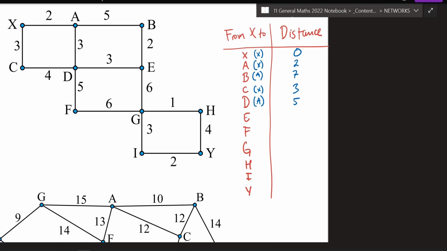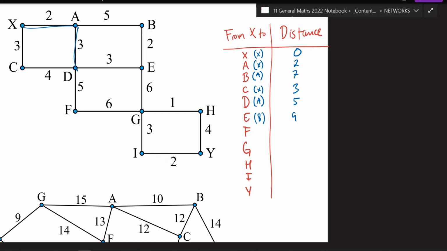Cool. Now let's go to E. What's the quickest way to get to E? I can go from X to A to B, and that's already given me a value of 7. So if I add another 2 from B to E, I'll get 9. Okay, so let's put that in. However, are there any other quicker ways? Well, let's have a look.